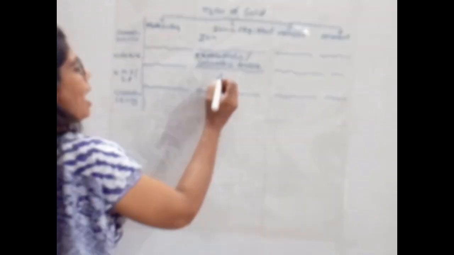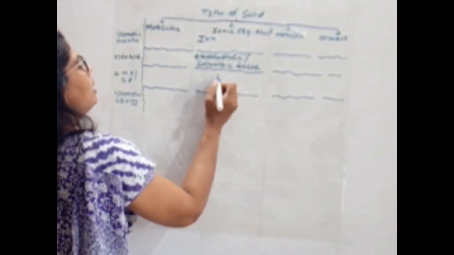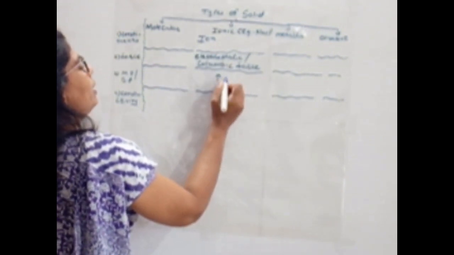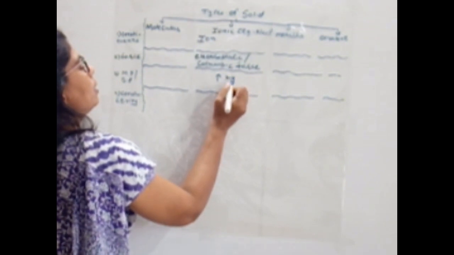Now the third point is the melting point. For ionic solid, generally the melting point is high. We cannot say it is very high, but it is high in comparison with molecular solid. The melting point of ionic solid is high. And the last one is conductivity.